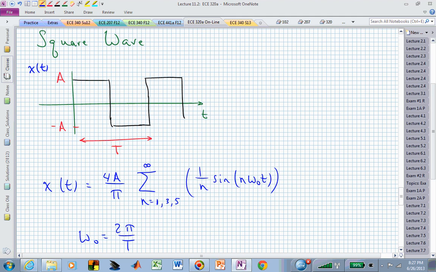We built this square wave up by combining sines in a particular pattern, and the pattern that we used, we didn't worry so much about the scaling factor, but we were doing 1 over n times sine of n omega naught t. If somebody gives us a square wave, all we need to do then is find the period, capital T. That can now be used to generate the omega naught.